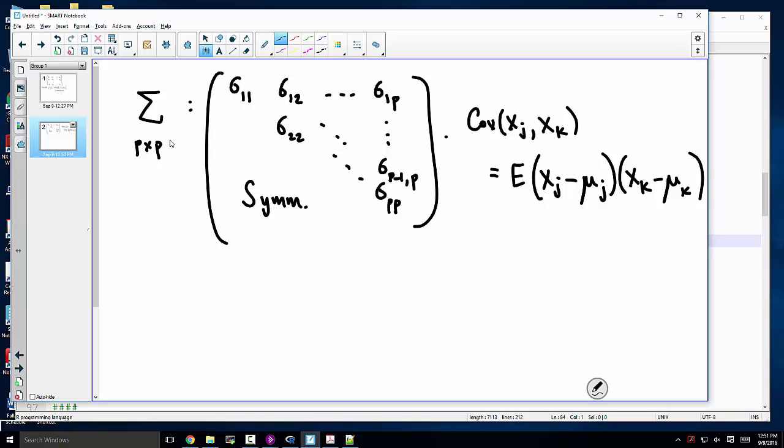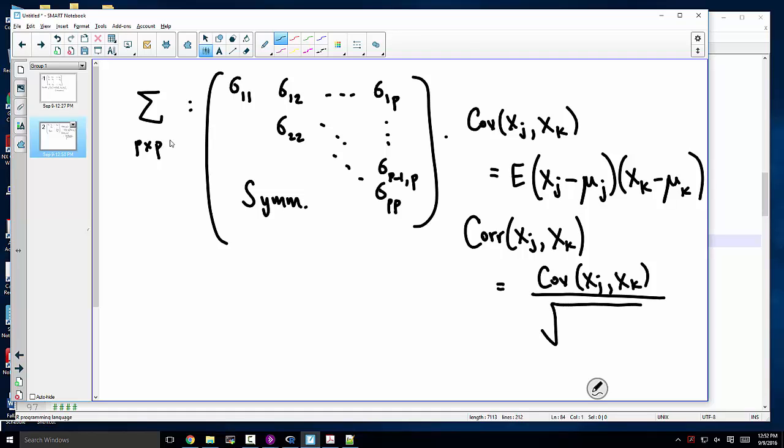And then the correlation, something we're maybe more familiar with, at least in name, is just a scaled version of the covariance. It equals the covariance divided by the square root of the product of the variances. Let's say j, j, k, k.